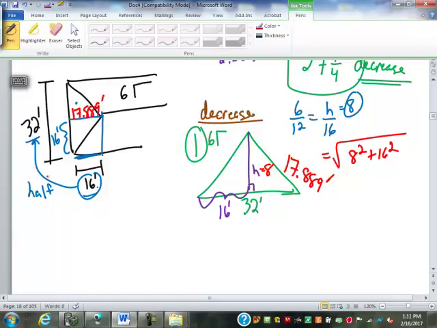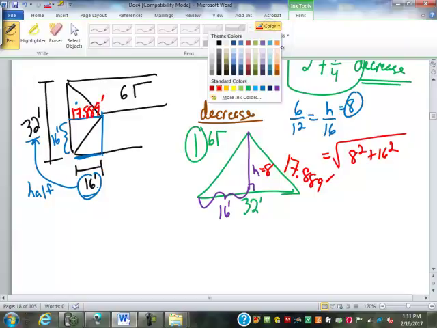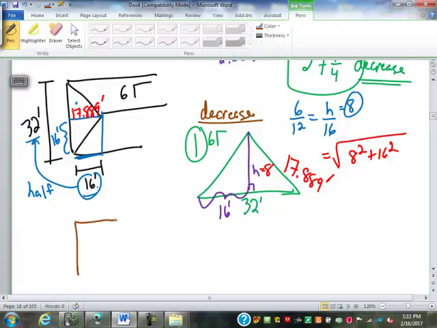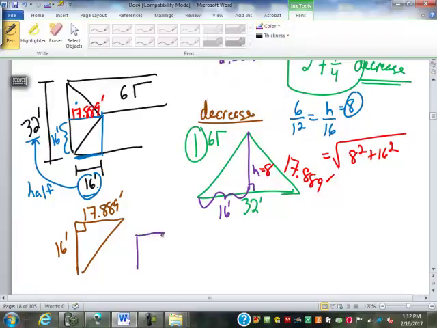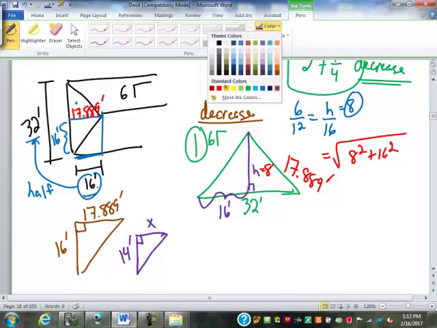That's that length. Now we know we can find the corner rafter right now because the corner rafter would be found just off of this triangle. And that's 16, right? It's just a squared plus b squared equals c squared is going to give us that hip rafter, the hip corner. The next one, what do we know on this triangle? Subtract 2, so this is 14, and that's our x. So what are we going to set up here?